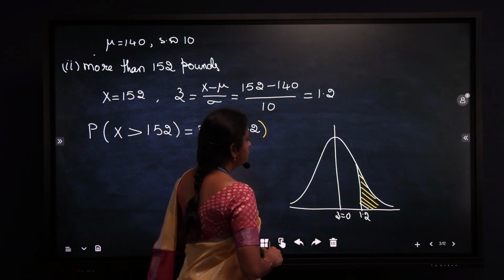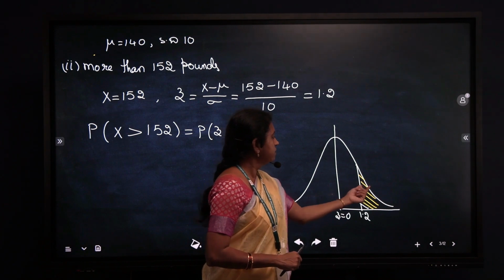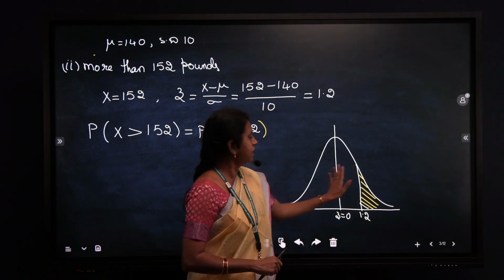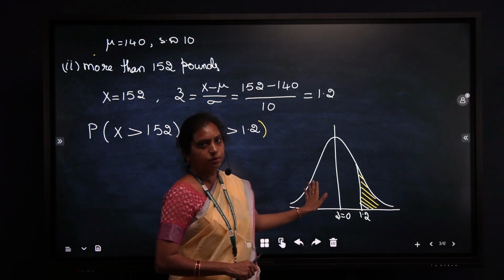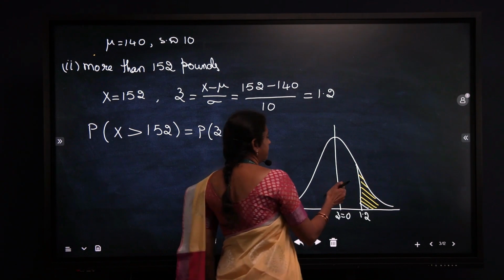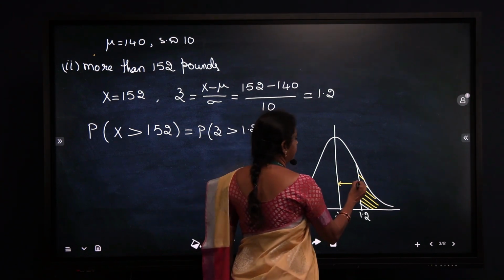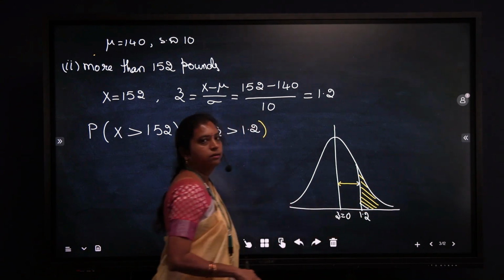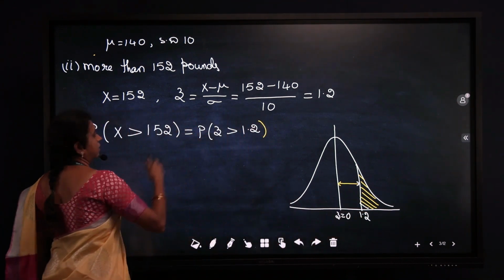So now how to find out this area? Since it is tending to infinity, we know the total area on the right side is 0.5. So 0.5 minus this part, that is the area from 0 to 1.2, will give us the required area greater than 1.2.